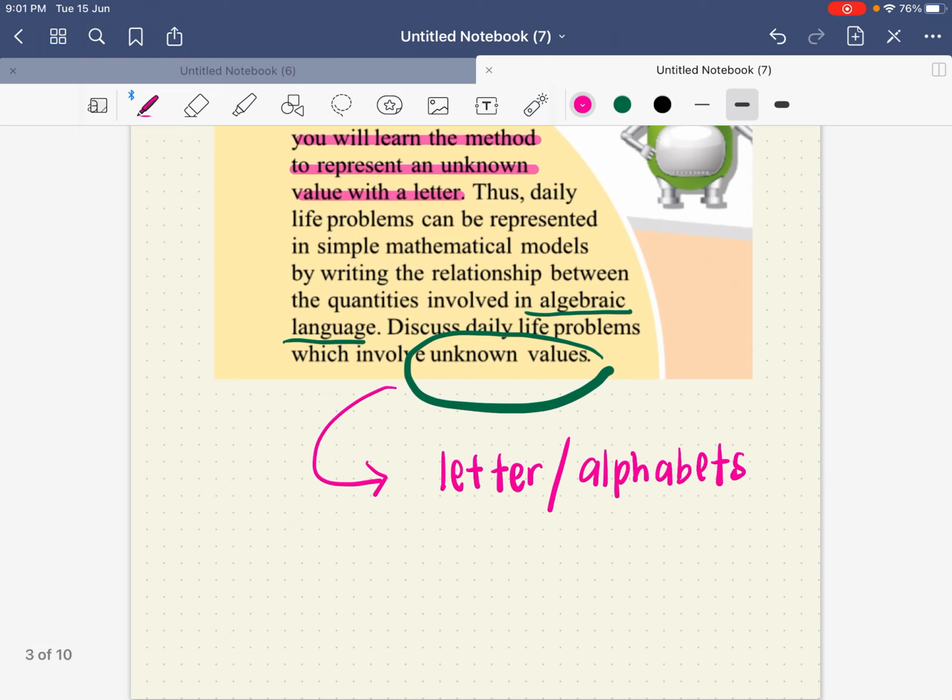So you can use the representation of algebra by using letters. You can use alphabets from A to Z in lowercase or uppercase letters. You can use A to Z. If you like Y, use Y. If you like X, use X. Okay, an example is like this.